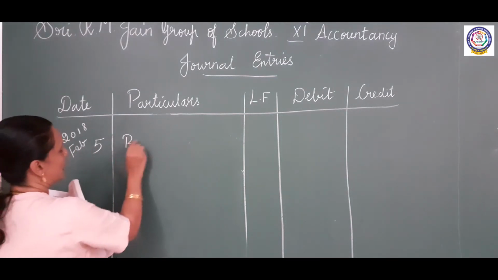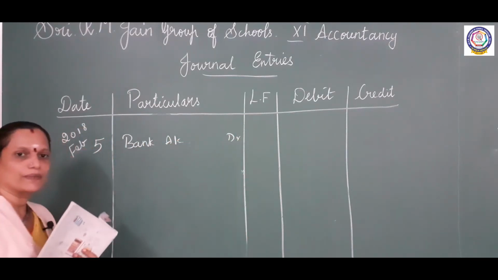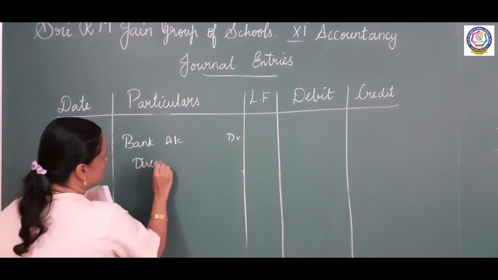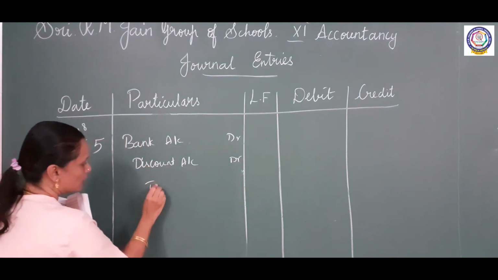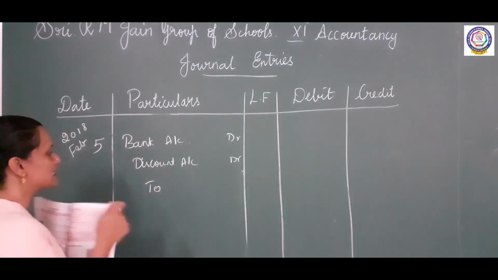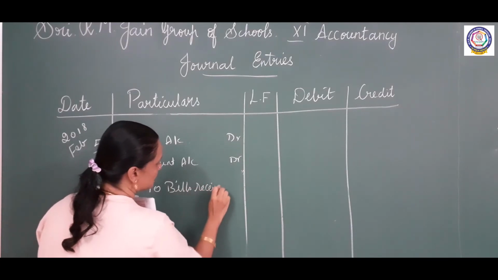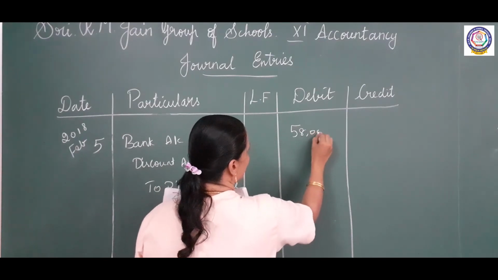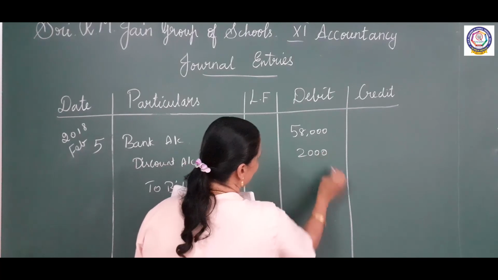Bank account debit, discount account debit, to whom? To bills receivable. How much? 58,000 rupees. The bank discounted 2,000 rupees.